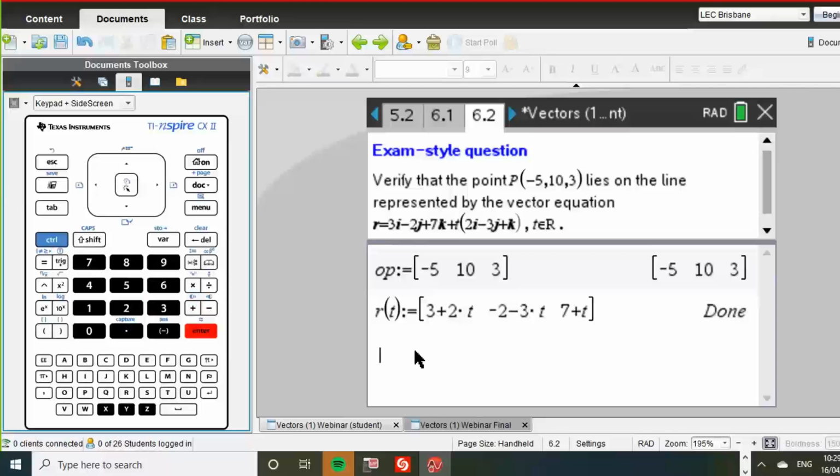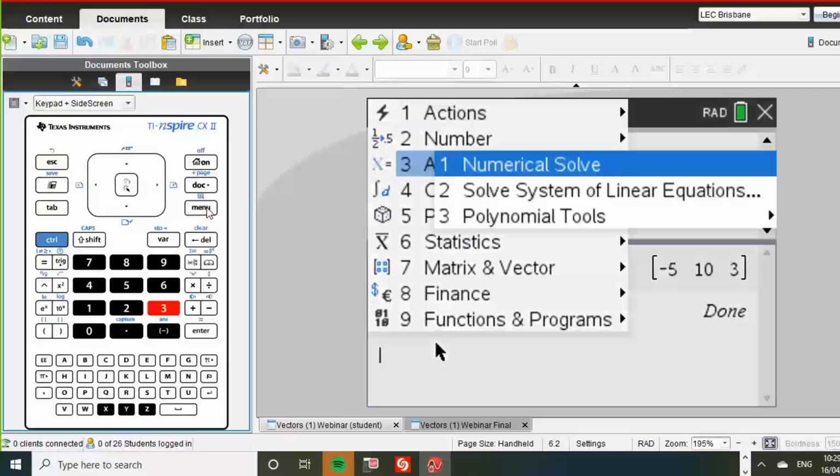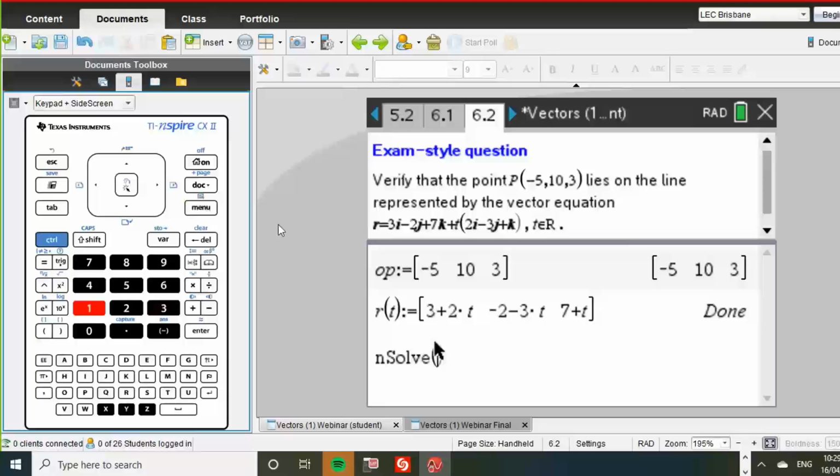Now what we want to do is set the i components equal to each other and solve for t. If we press menu, it's a simple linear equation which can be solved quite readily by hand, using Nspire menu numerical solve, which is okay to use because we have a linear equation with just one solution.